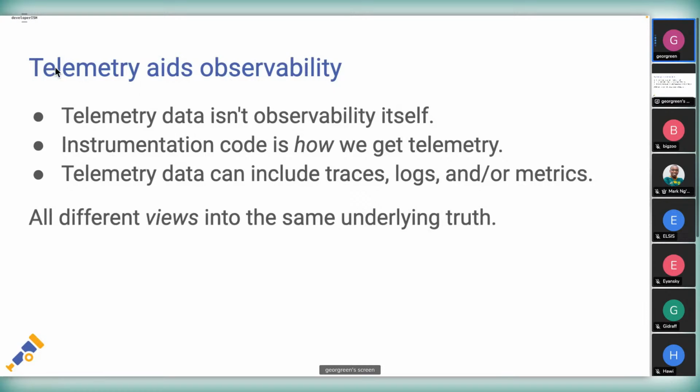And telemetry in itself, just producing data, does not make your system observable. It's that telemetry helps you to make your system observable. So you can have systems that have outputs, but those systems are not observable if those outputs are not helping you understand what's going on underneath.